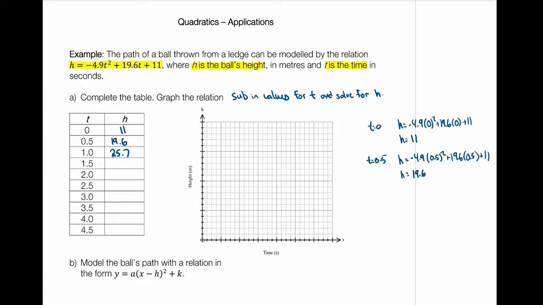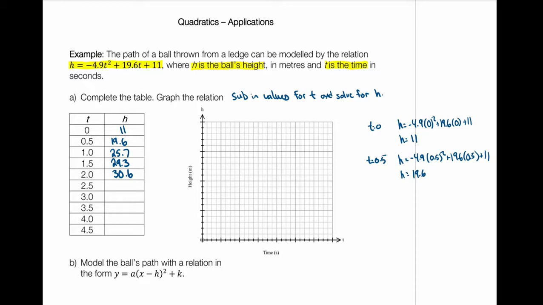And again, you go through the same process. You plug in the next one, 1.5, and get 29.3. Plug in 2, and again, you keep on repeating the process.